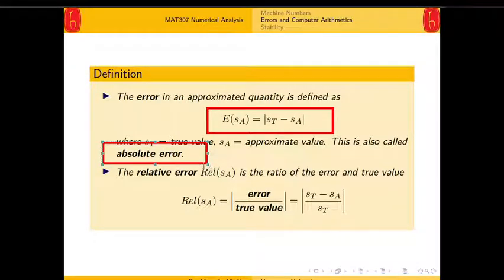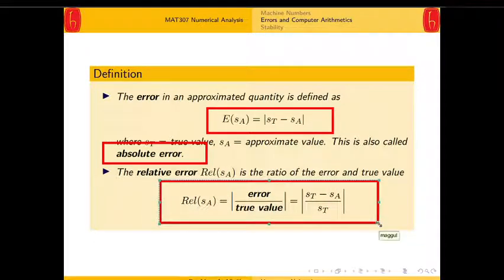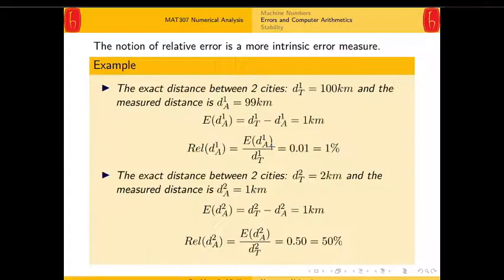The relative error is another way of measuring error. It is the absolute error divided by the true value. So we take the difference between the true value and the approximated value and divide this by the true value, and we have the relative error.